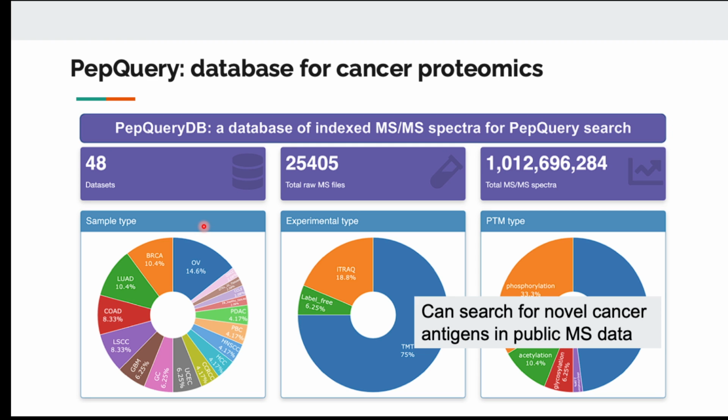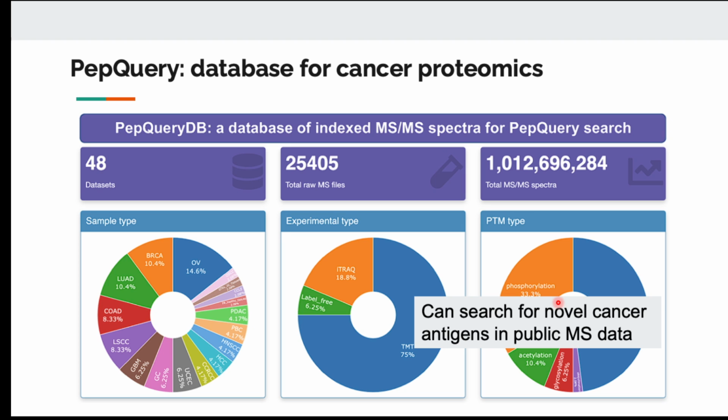A special case for proteomics data is called PepQuery. PepQuery is a specific database for proteomics related to cancer, so they only curate mass spectrometry data from cancer tissues. Because they focus only on cancer tissues, not only can you search for the data, you can also search for a specific peptide.